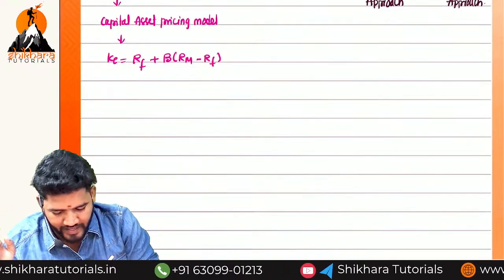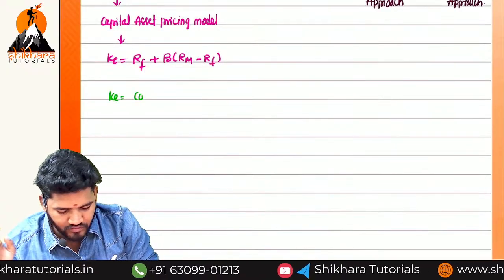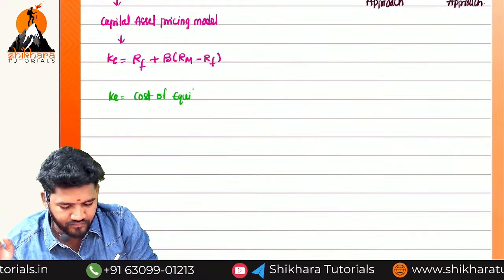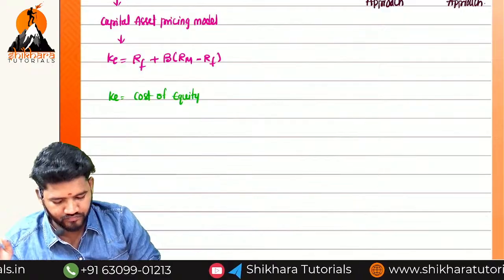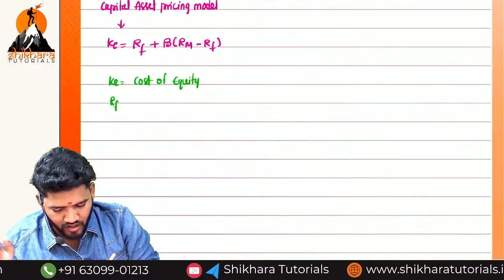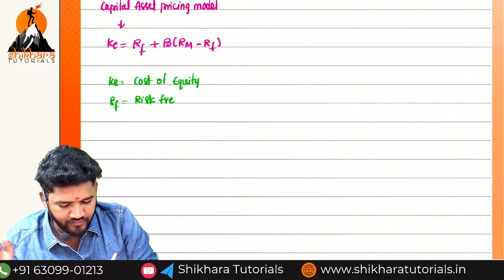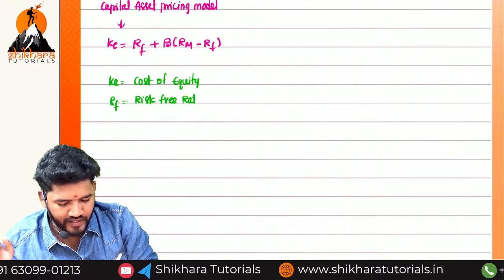Ke, cost of equity. RF represents risk free rate of return.